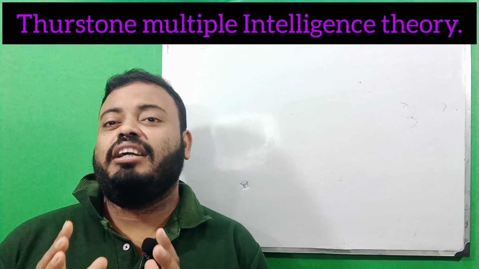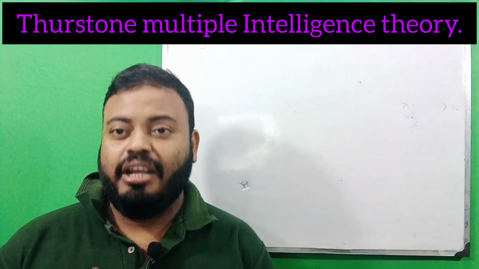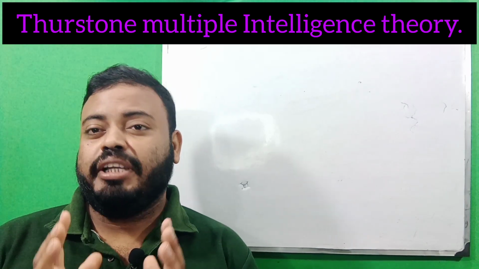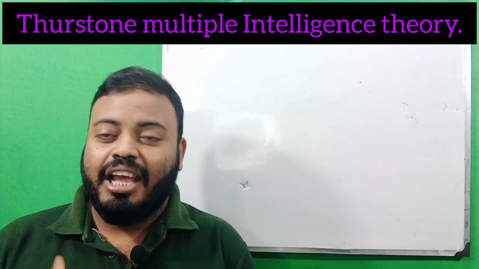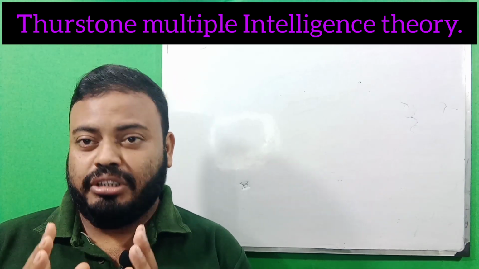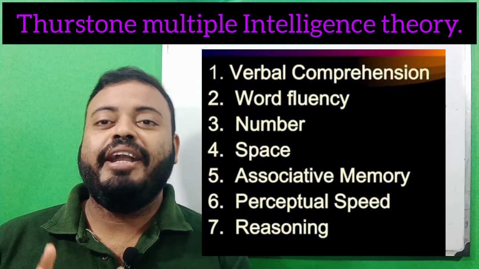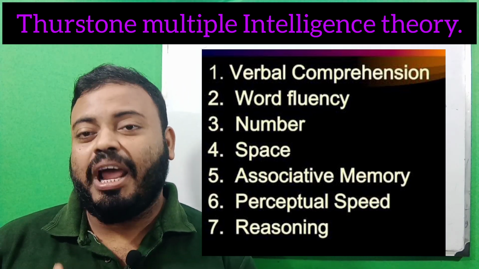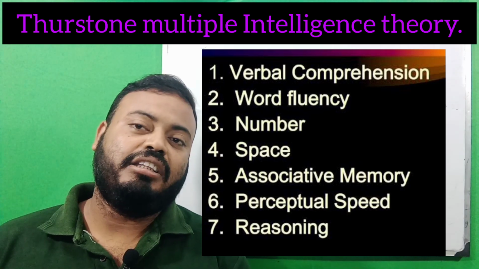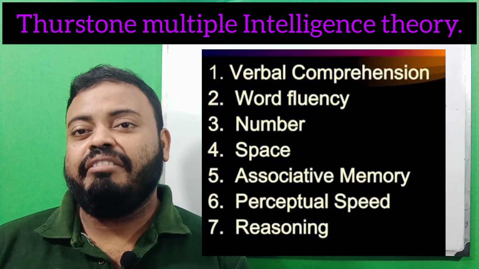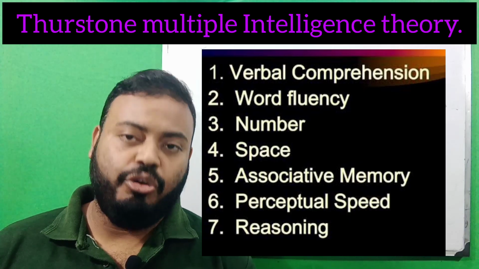Thurstone was against Spearman's view, so he built a theory of multiple intelligence and selected 7 factors of primary mental ability. This primary mental ability, or the 7 multiple intelligence factor theory, is very important for measuring the intelligence of every human being.